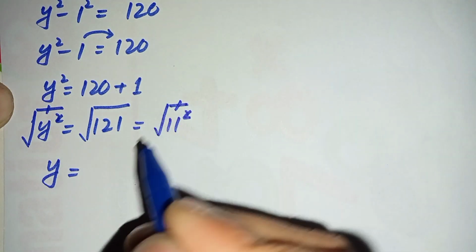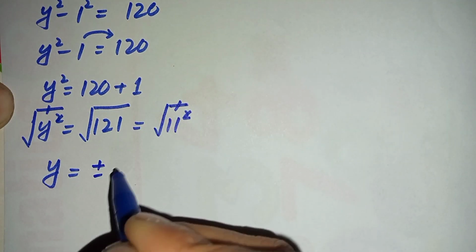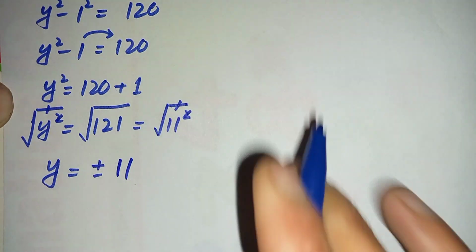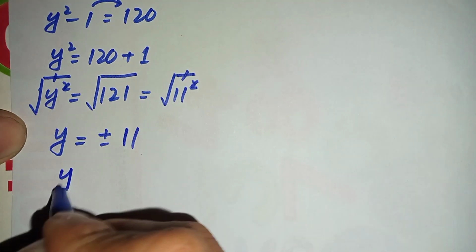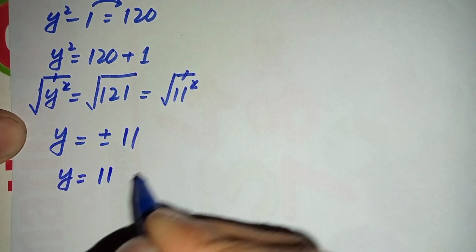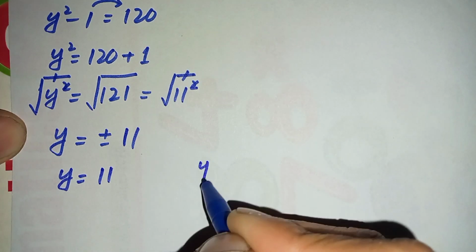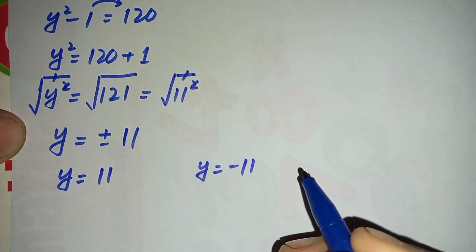So square and square root will be cancelled, so here only plus minus 11 will be left. Now there are two possible values of y. The one is plus 11 and the second is minus 11.